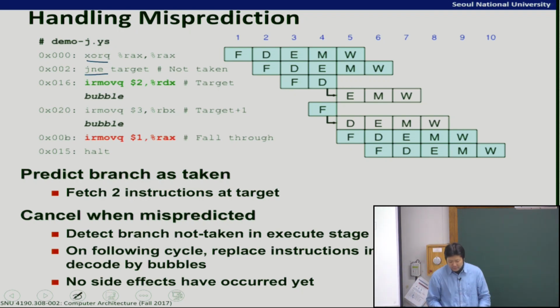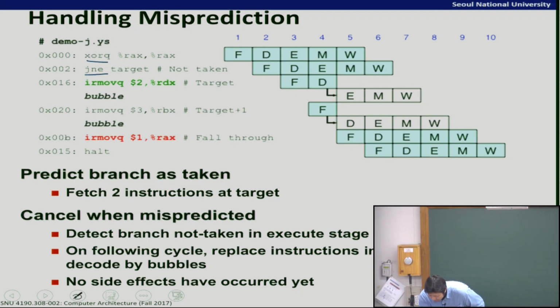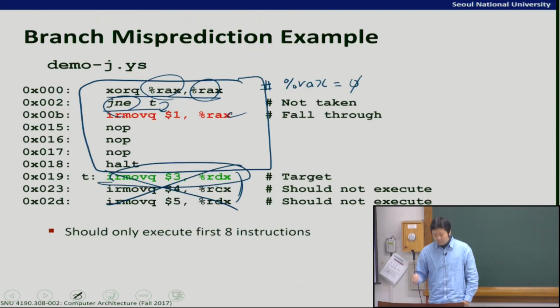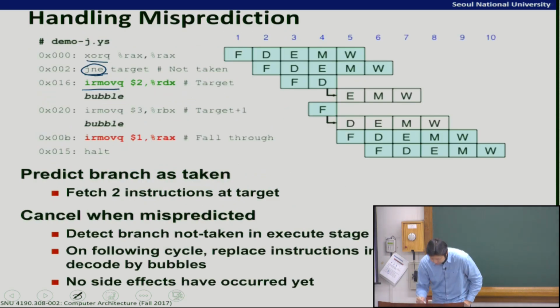That's the pipeline design. Once you pass this JNE instruction, the next instruction is fetched from this target. This instruction will be read in cycle 3. So in cycle 3, we read one instruction from the target, and in cycle 4, we read the second instruction from the target.